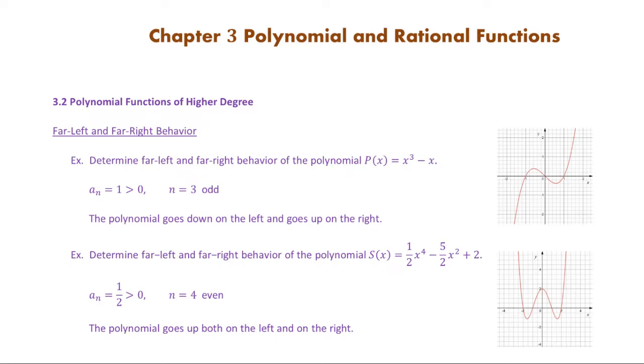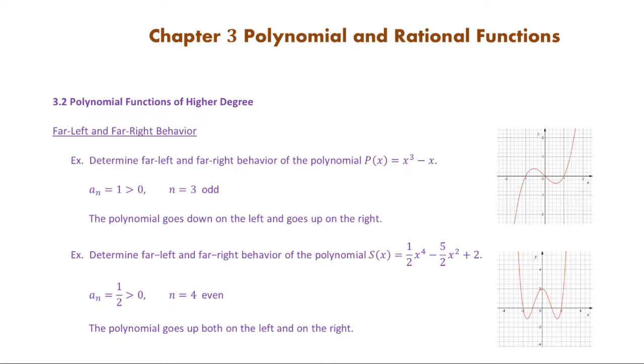So according to the rule, when the coefficient of the highest power term is positive and the highest power is even, then the curve goes up both on the left and on the right, right? So if you draw it, you do get that behavior. So you can see the graph on the right, it goes up on both ways. Okay, any questions?